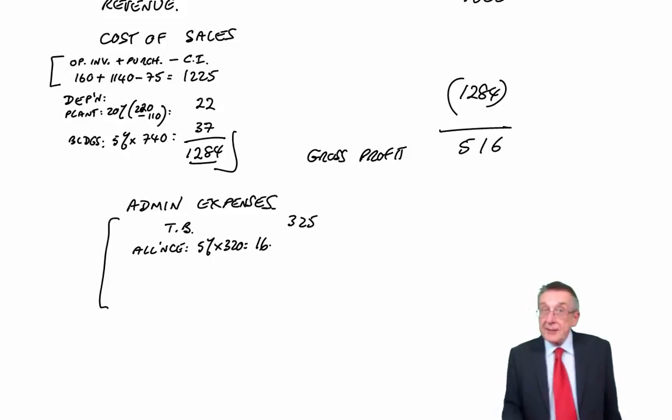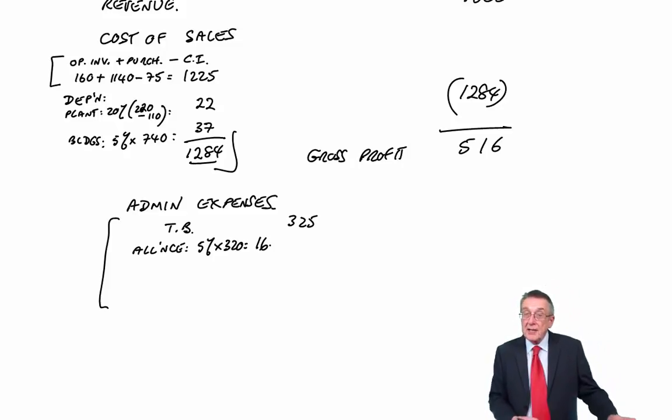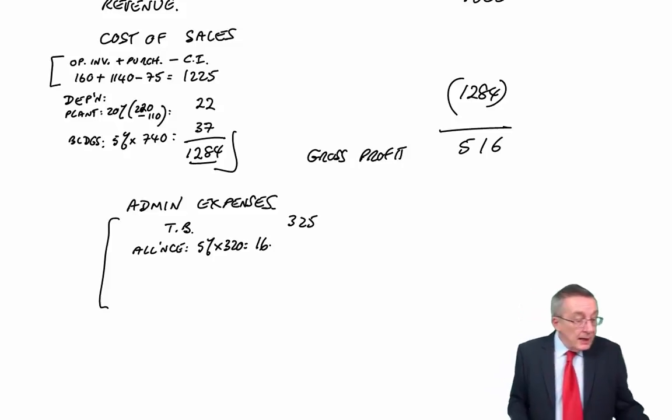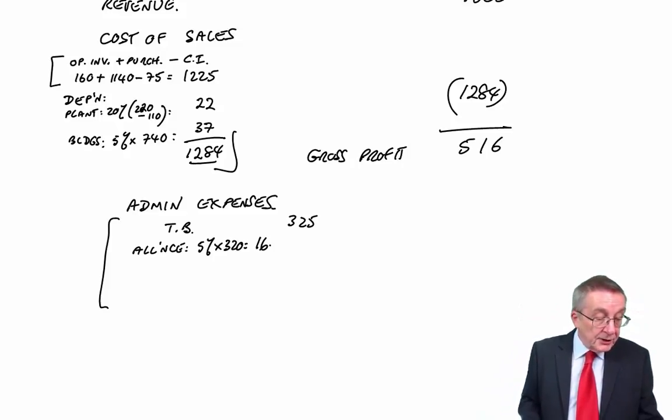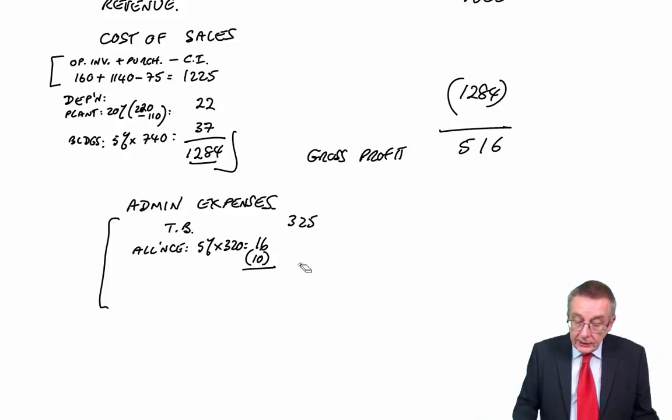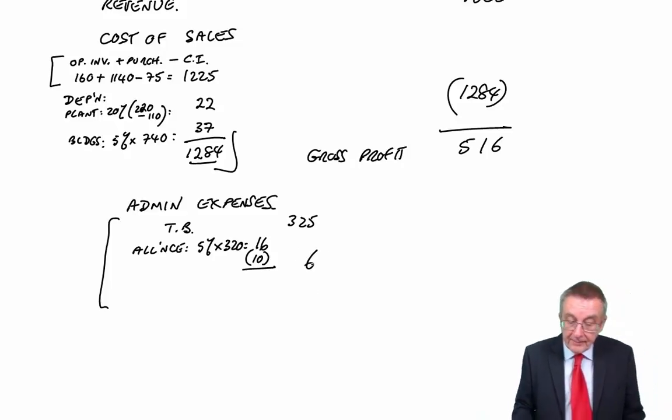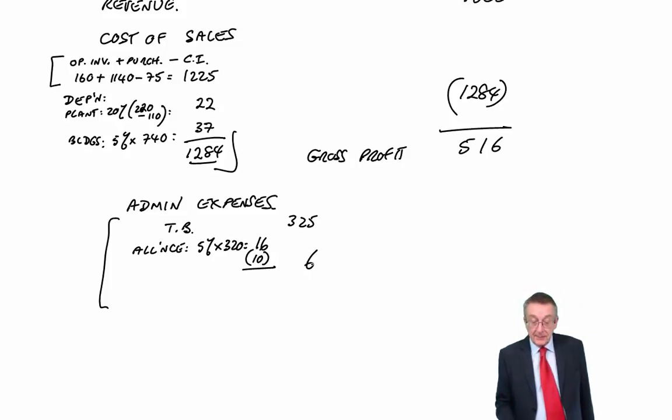But the expense is the cost of increasing it from what it currently is. And at the moment there is an allowance from last year, just below admin expenses, of 10. And so the increase, the expense this year, is 6.